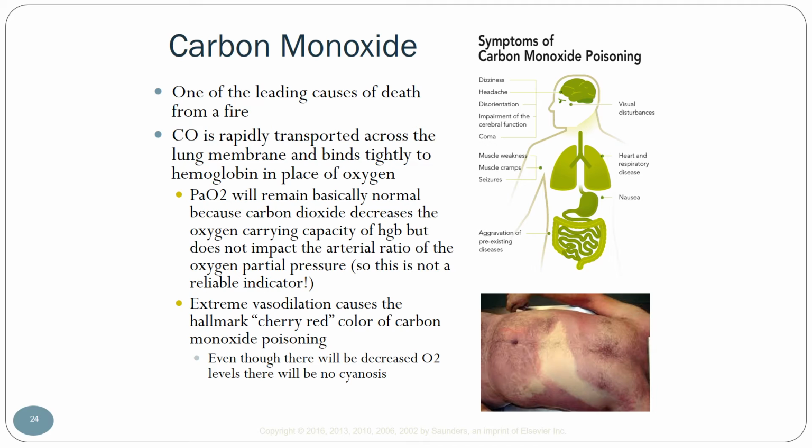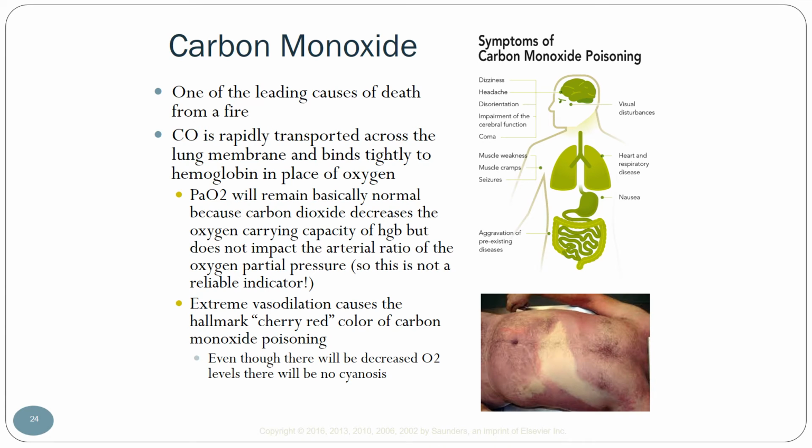Other things that you can notice about less extreme carbon monoxide poisoning or exposure are symptoms that the patient might display. Definitely complaining of a headache, especially if they've been exposed to it chronically over time. So people that have heaters that are working ineffectively, releasing carbon monoxide into the home. A lot of times people will complain about being disoriented or having a headache or dizziness over a period of days.